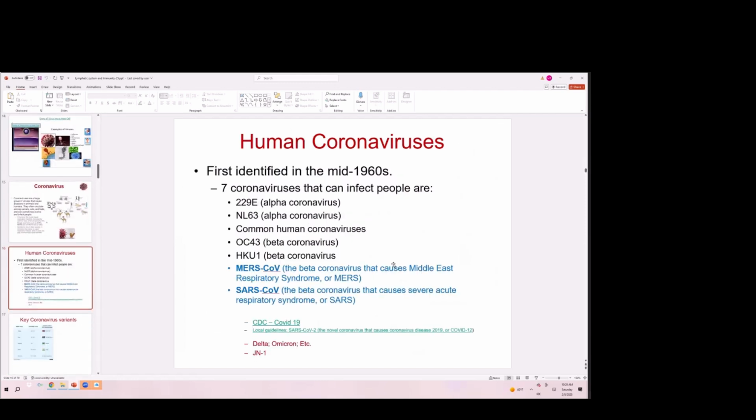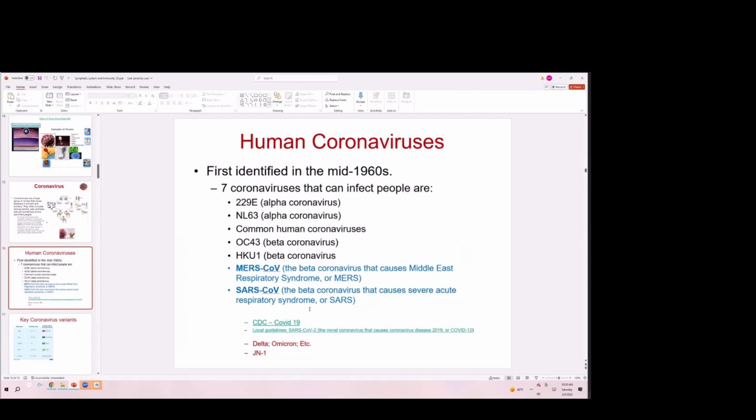MERS is Middle East respiratory syndrome, and this other one is severe acute respiratory syndrome. All of them affect our immune systems. The symptoms we have are either colds or flu-like symptoms, and it was a big challenge how we dealt with them.